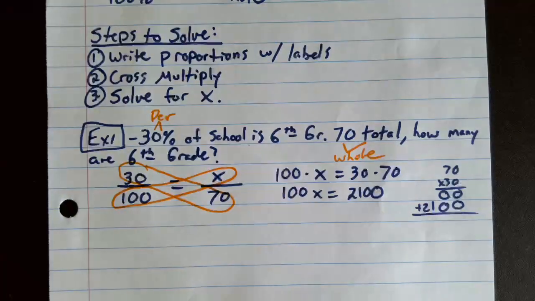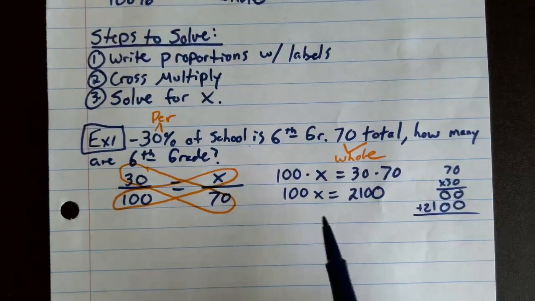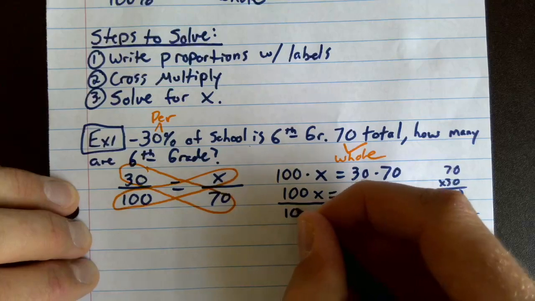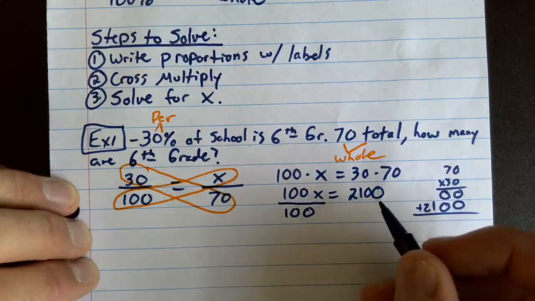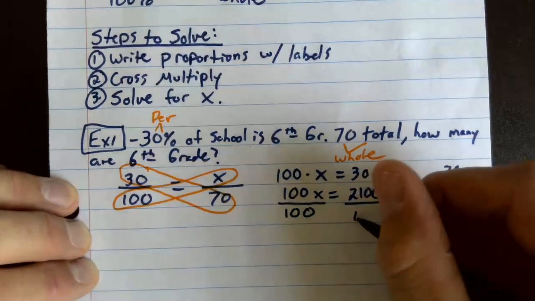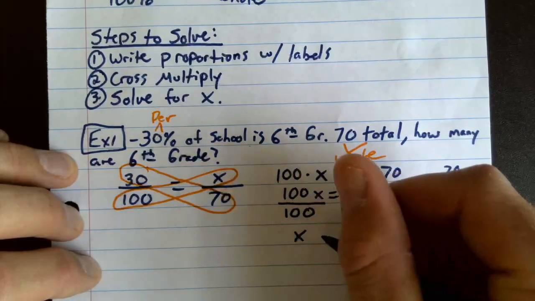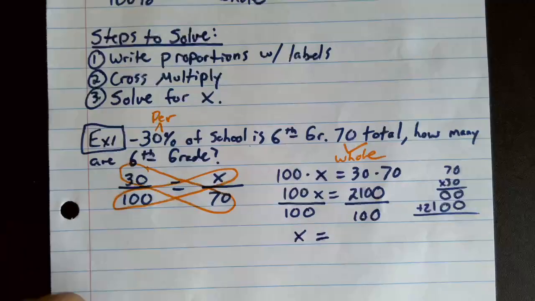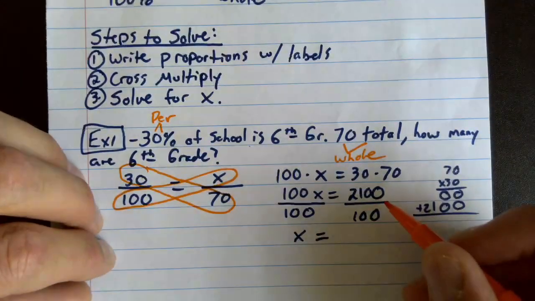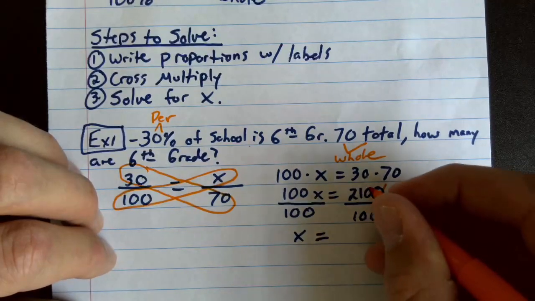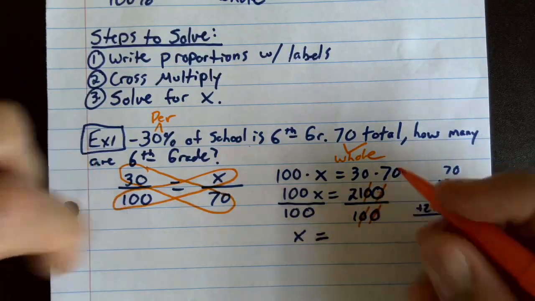So you have 2100. All right, now we know we have to get x by itself, so we must divide by 100. And whatever we do to one side, we must do to the other. Now we have x equals, well, let's make our division easier. We have two zeros on top and two on the bottom, so cross those two off.